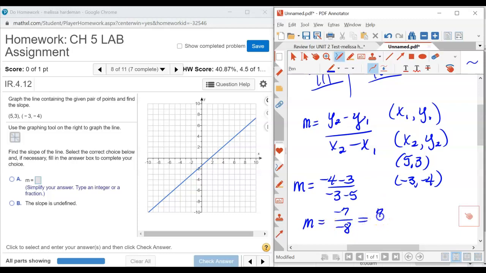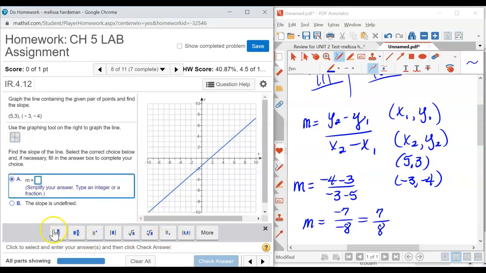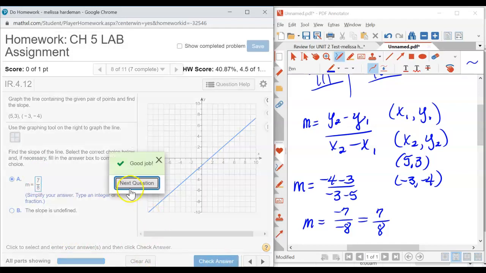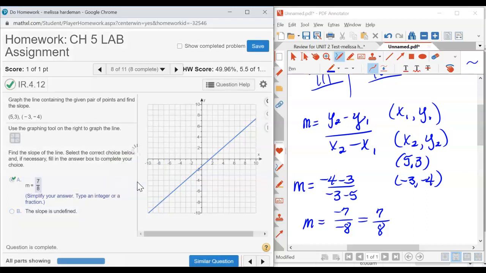So that gives me a slope of +7/8, because a negative divided by a negative is a positive. So we're going to type in that slope as a fraction of 7/8. We'll check our answer, and we should be good to go.